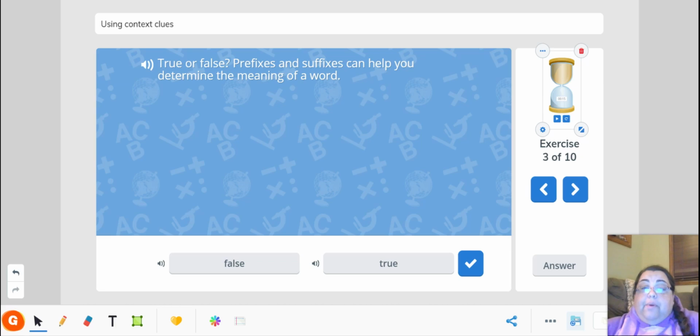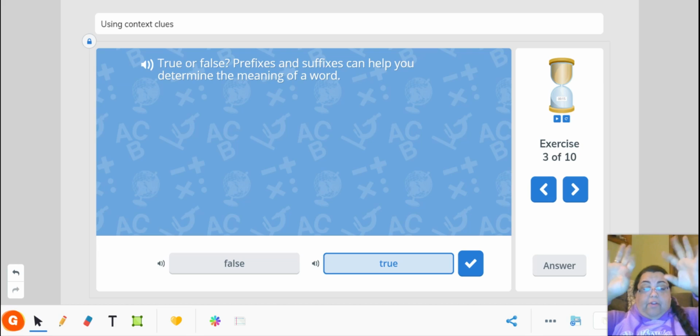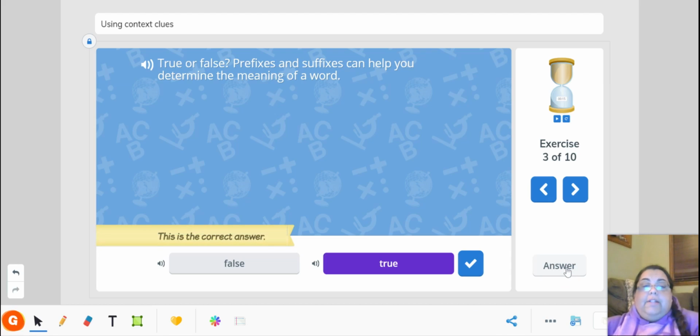I think that prefixes and suffixes can help us determine the meaning of the word. I'm going to say true. If you guys selected true, I want your hands up, fingers wiggling. Let's try the answer. And that is correct. Again, if you didn't get it this time, just back up the video and try.